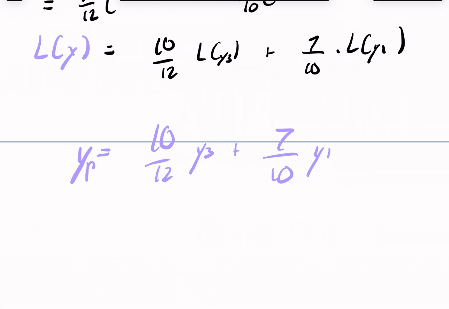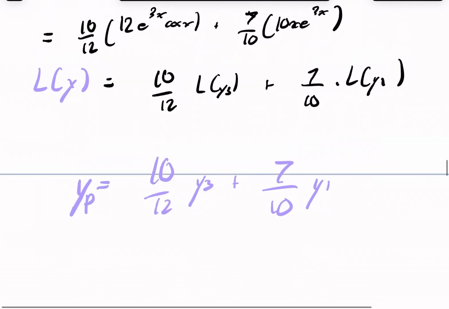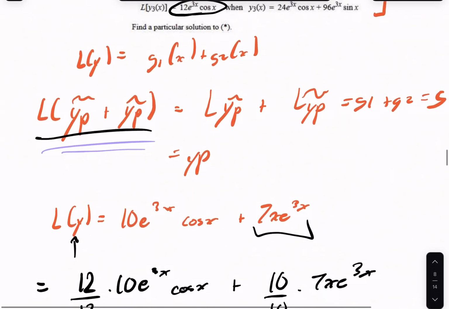And this is my particular solution. Because my solutions to this equation are particular solutions, okay? And it works the same way. If this is being added together inside the bracket, right?